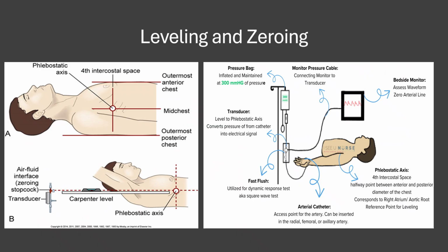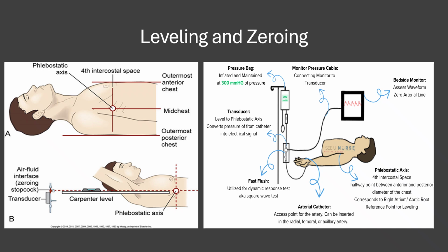You will notice that an arterial line setup has various parts, including that arterial catheter, which is going to be placed into the artery, and it's going to be connected to a pressure tubing, and that pressure is going to come from a pressure bag that is going to be inflated and maintained at 300 millimeters of mercury pressure to prevent that backflow of blood out of the artery and to maintain that negative pressure.